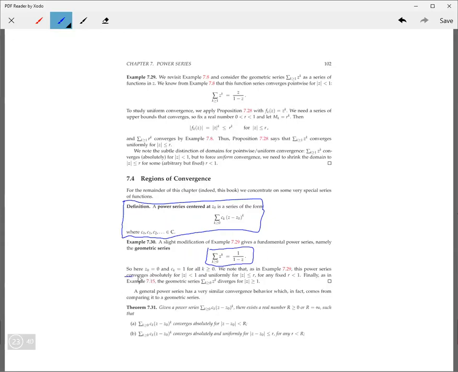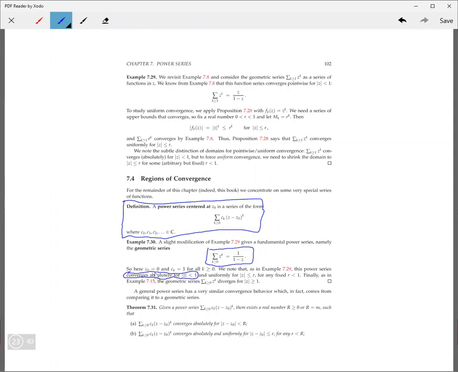It converges absolutely for modulus of z less than 1, because that's just a geometric series. And you can use the Weierstrass M-test to show that it converges absolutely and uniformly for modulus of z less than or equal to R.